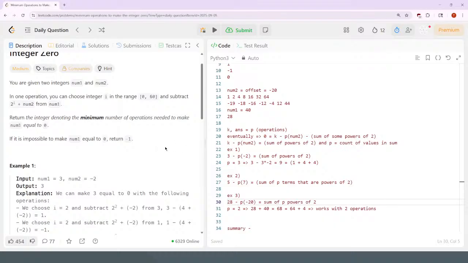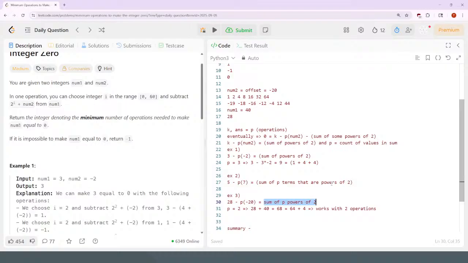But I don't know what this means. Sum of p powers of 2. Like, what is that? What is the space of those possibilities, the values that you can get by any combination of x or p values that are powers of 2?